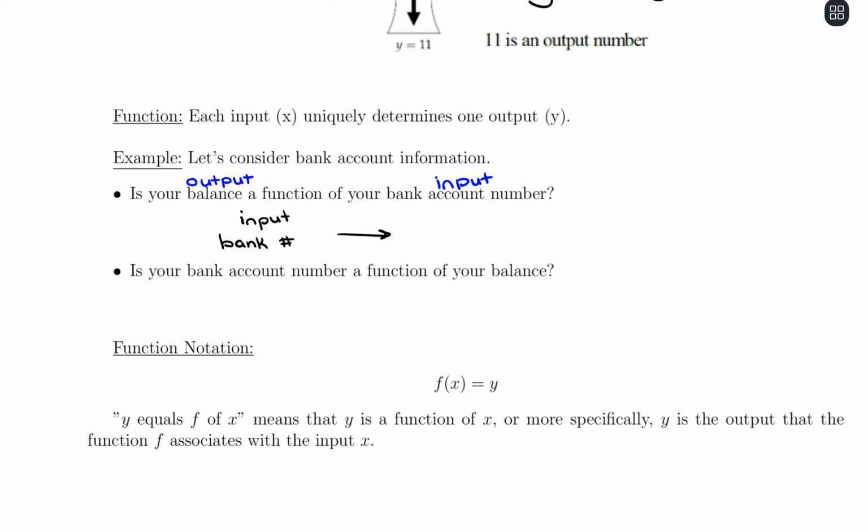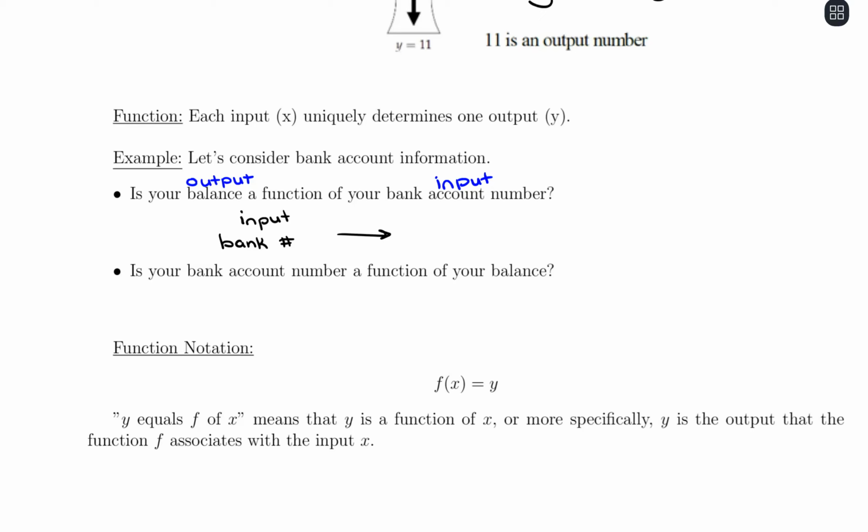So imagine we go up to the ATM. I know typically we have a card with us, but let's say we had to type in our bank account number. Is there just a single output? And yes, because our bank account number is unique to our bank and to our account specifically. So you're not going to see a bunch of different balances and choose which one you want, as nice as that might be.